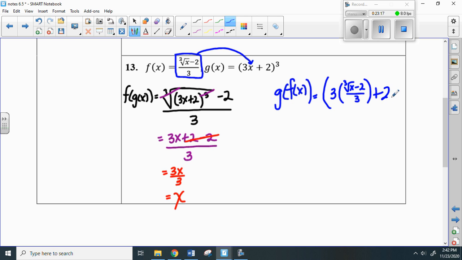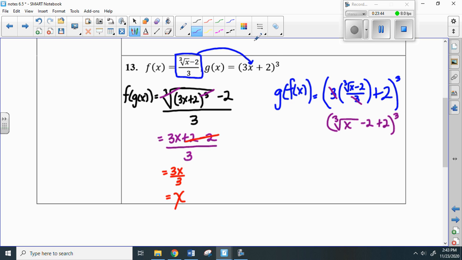Then we have a plus 2, and then we have a cube. Okay, and we have to simplify in the proper order. So we start inside the parentheses, but inside the parentheses, we have a multiplication problem. Luckily, 3 times something divided by 3, the 3's cancel. Okay? And this is what we're left with.